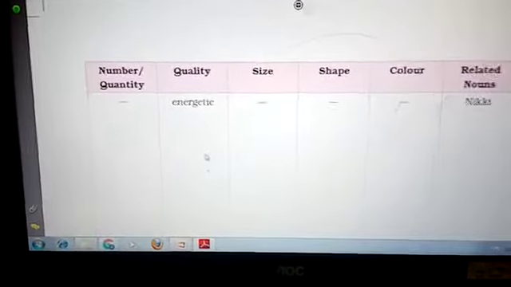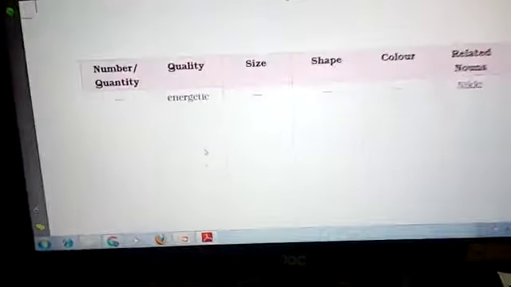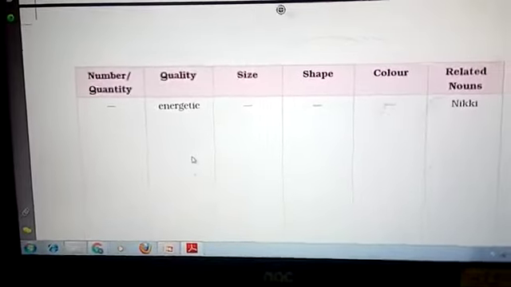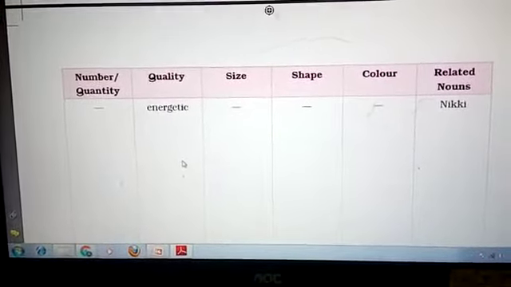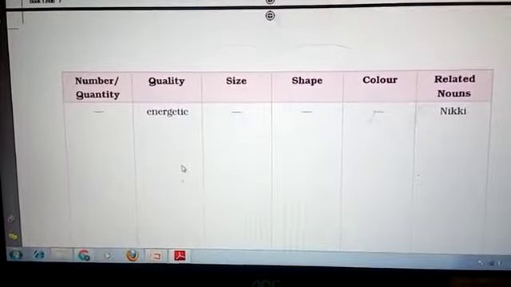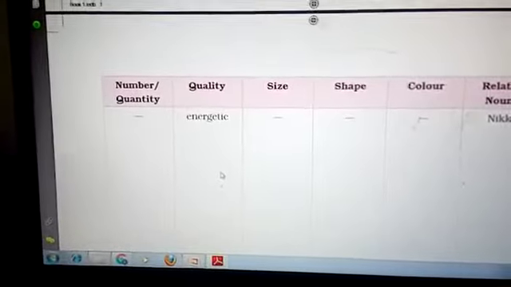In the previous worksheets I have explained and taught you how to find out the noun or the related adjectives, related nouns from the given sentence.